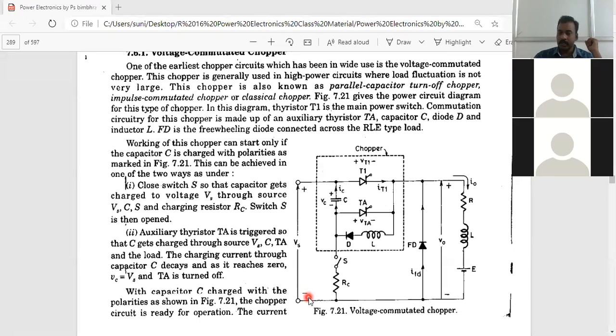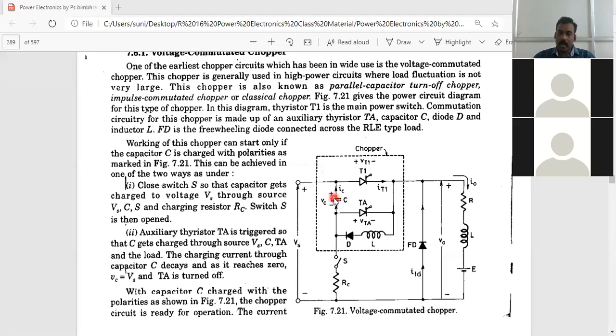Okay, in this case what will happen, you will have one current, that is the load current I naught, provided from source to this load. Along with this, as this switch is closed, the capacitor, as it was previously charged to its highest value, has the tendency to discharge, and the discharge path prevails when the SCR is in conduction.